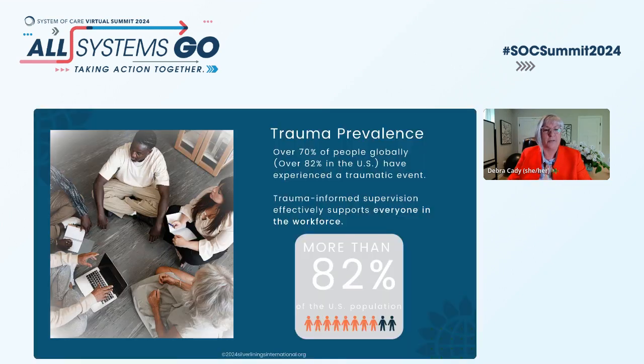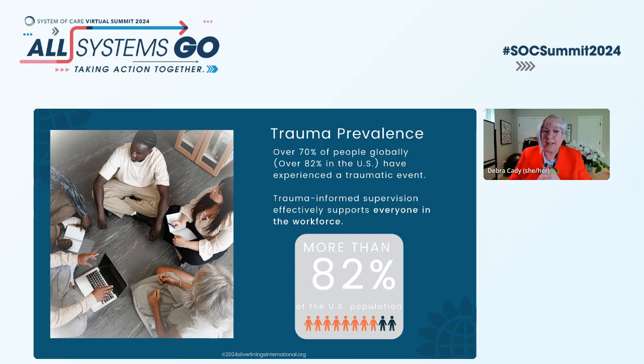And thank you. So why am I so pumped up about this topic? I'm going to tell you why. 70% globally of people have experienced a traumatic event. In the United States, it's 82%. That's a lot.